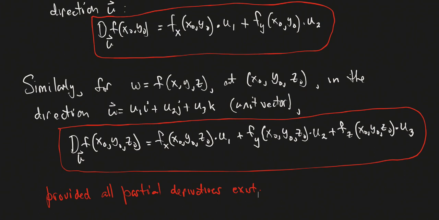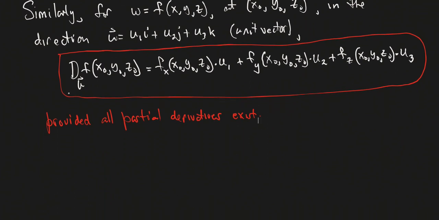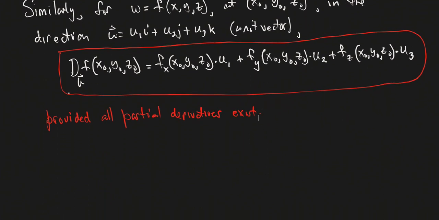So let's take a look at an example illustrating this, and I'll do an example of a function of 3 variables, one that has all the key steps. So here's our function of 3 variables.